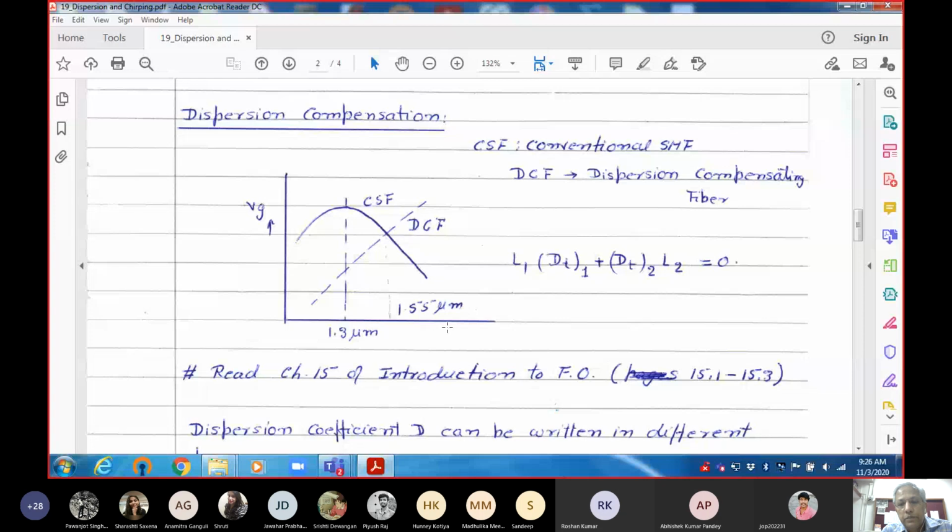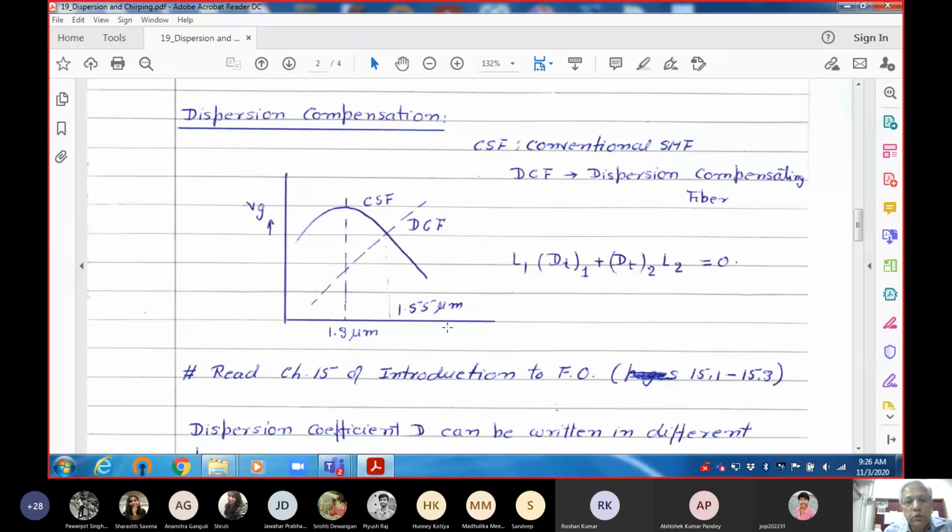People suggested that if we can get a fiber which has a very high negative dispersion coefficient, for example, if the normal fiber has 20 picosecond per kilometer nanometer, maybe we have another fiber with 4,000 picosecond per kilometer nanometer with a negative sign.